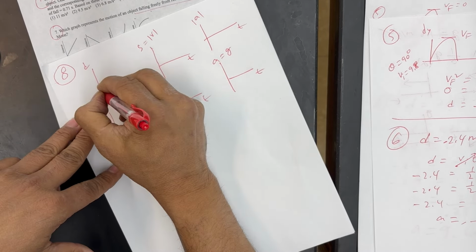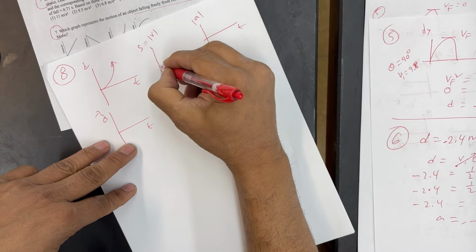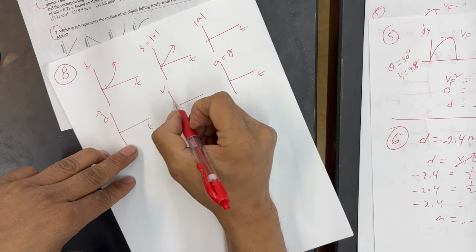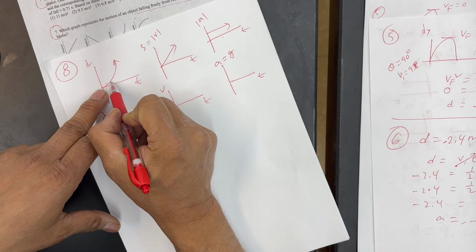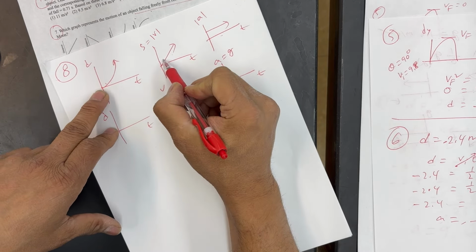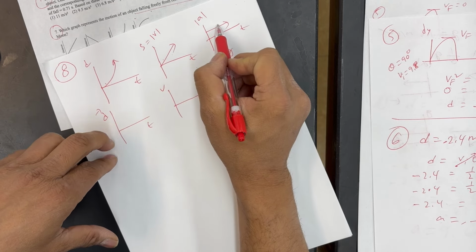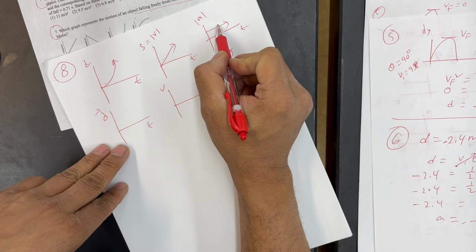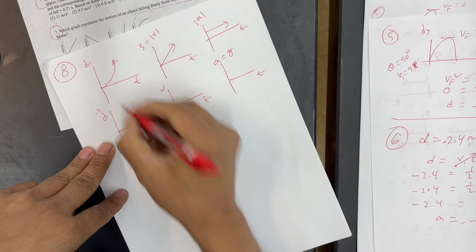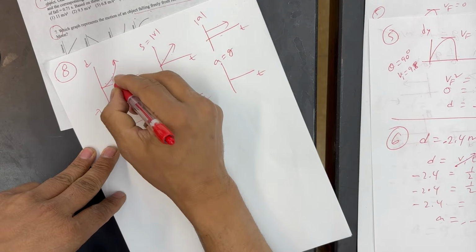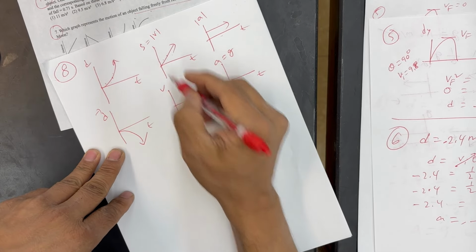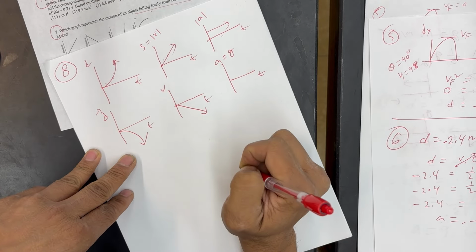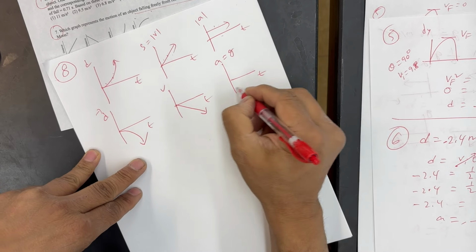The slope of this one is this. As I said, when it is a positive curve, the slope is a positive diagonal line. When it is a positive diagonal line, the slope is a positive straight line. This one is the absolute value of this one.